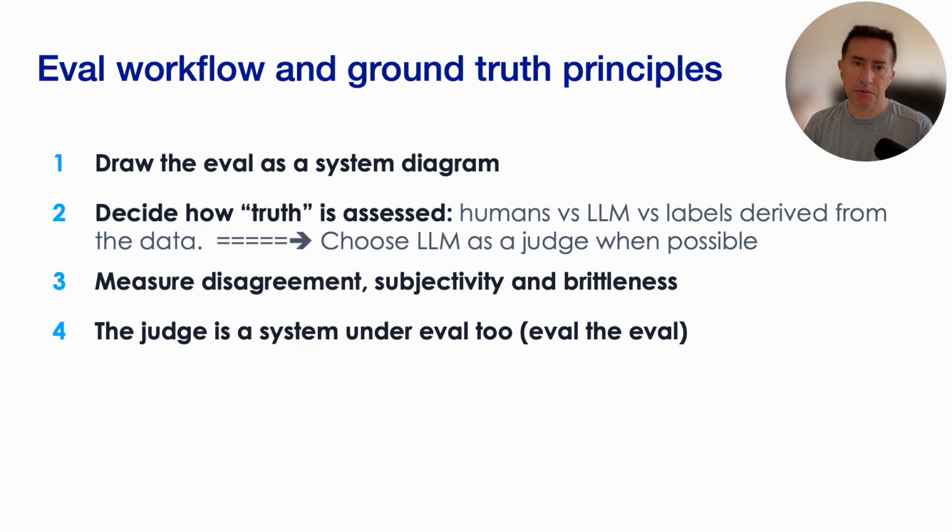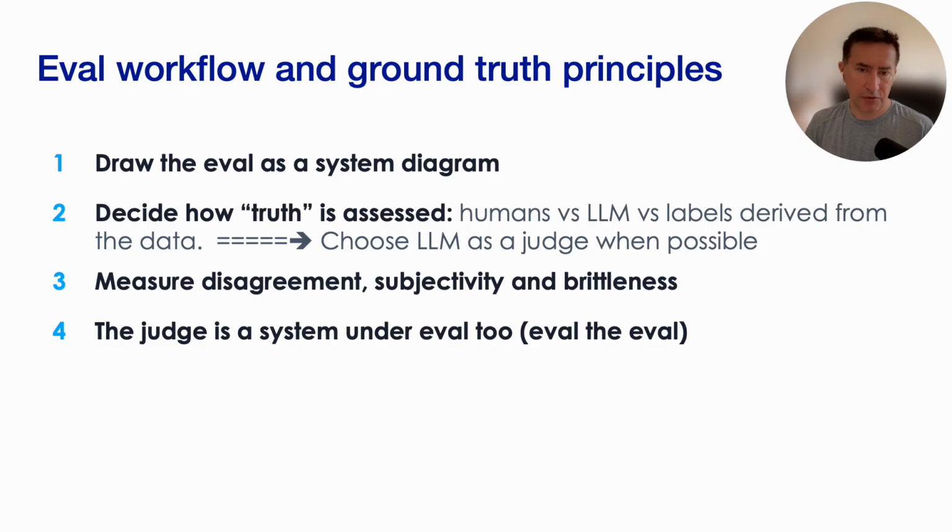The third aspect, which is also, I think, very important, is to try to measure disagreement and subjectivity. Is it easy? Is the outcome of a task objective, or is there some subjective aspect involved? So would, for example, two humans disagree?